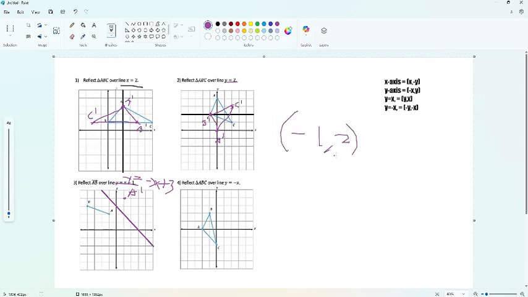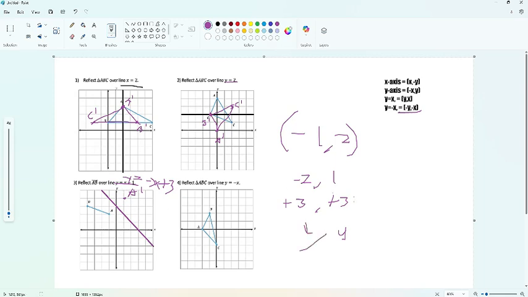-1, 2. Okay, since it's negative, y equals -x, we use this. Okay, -x 1. Okay, since it's plus 3 now, we plus 3, but we still minus 3, right? -5, 4. No. We plus 3 now? Plus 3, plus 3. 4 and 1. 1, 4.